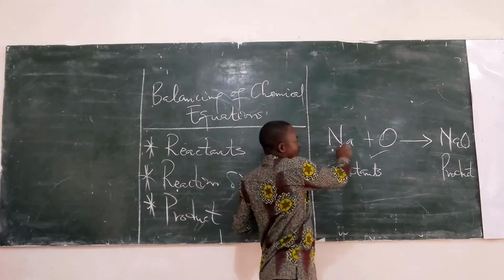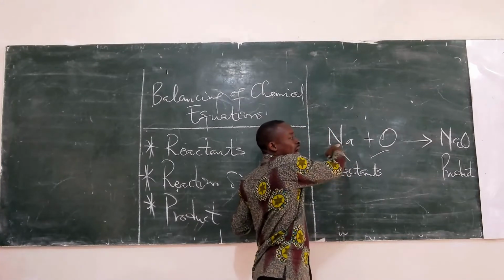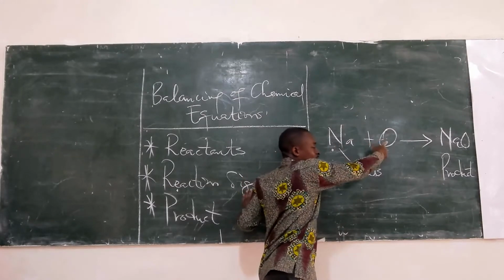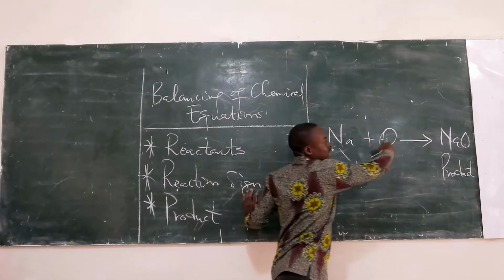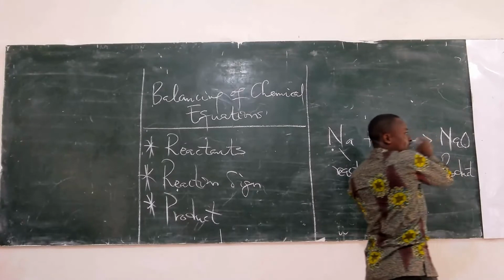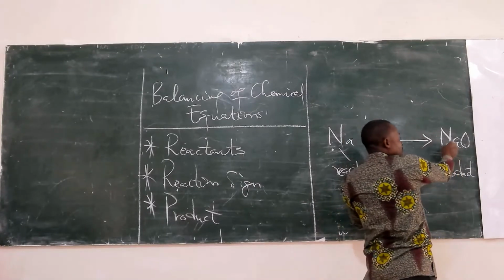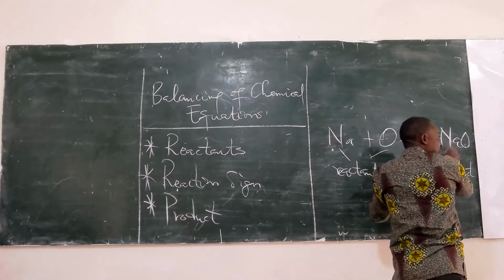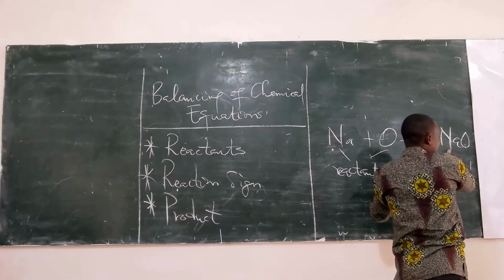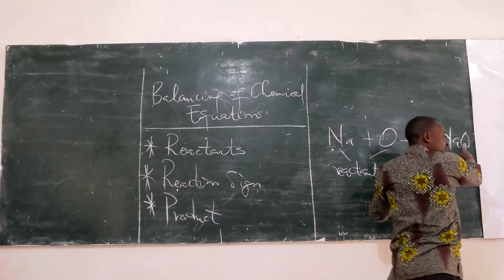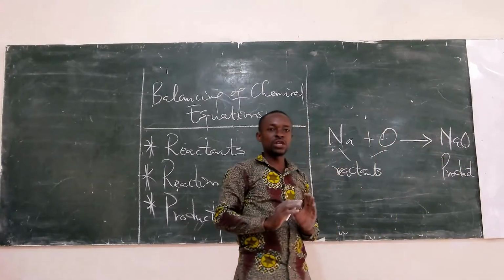So here, how many sodium atoms do I have here? 1. What of the oxide? 1. So the product, after being formed, how many sodium atoms are there in the product? 1. And then the oxide. It tells me that my equation is what?